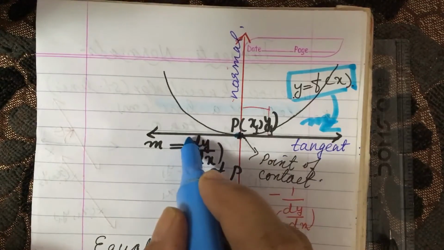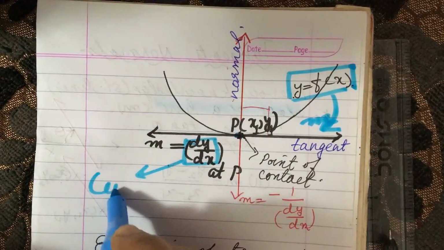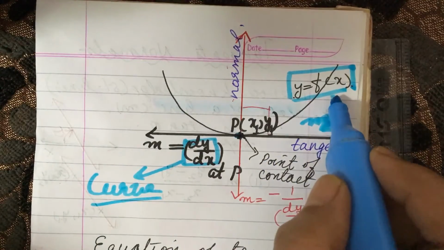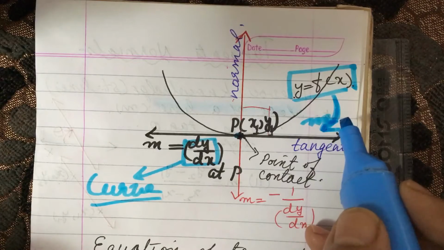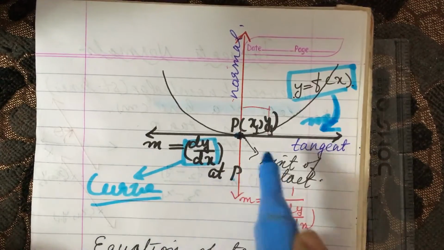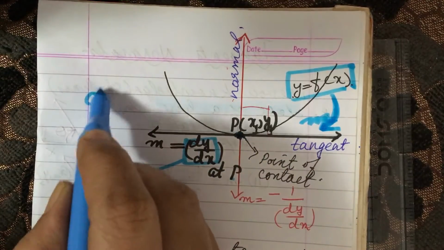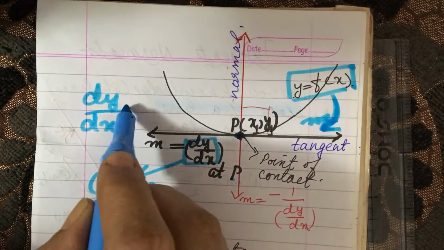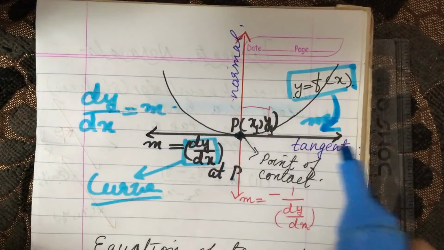This dy by dx you are finding out from the curve. If you find dy by dx, what we get is the slope of the tangent at the point P.